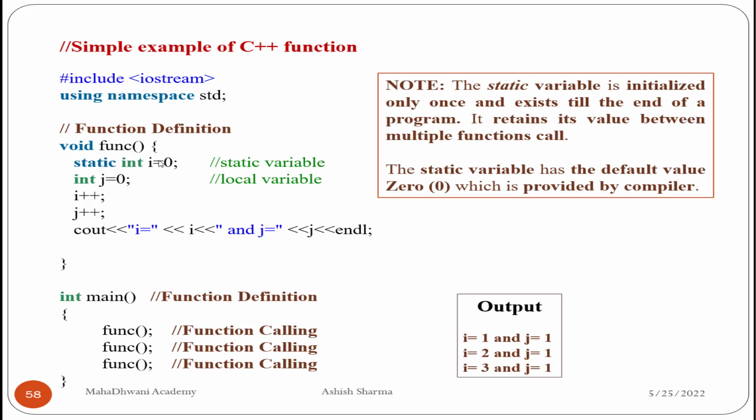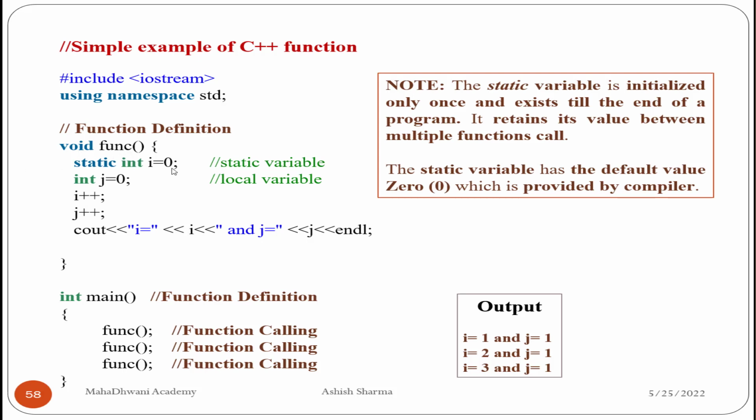So this scope is global, and this normal variable is not going to retain its value till the end of the program. So its scope is limited. This j's scope is only inside the func function, but i's scope is outside the func function as well.